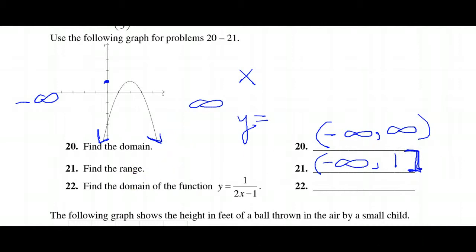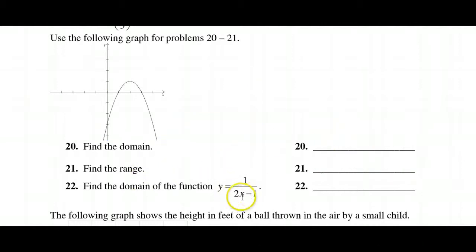Now for the domain of a function, it's what would make this denominator a 0. So what we do is we say 2x minus 1 equals 0. So we solve for x by removing the 1 to the other side, becomes a +1.